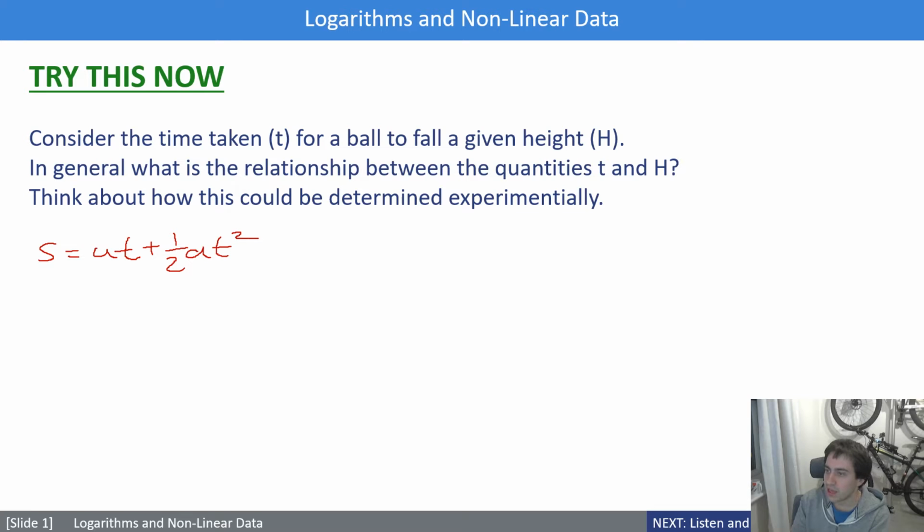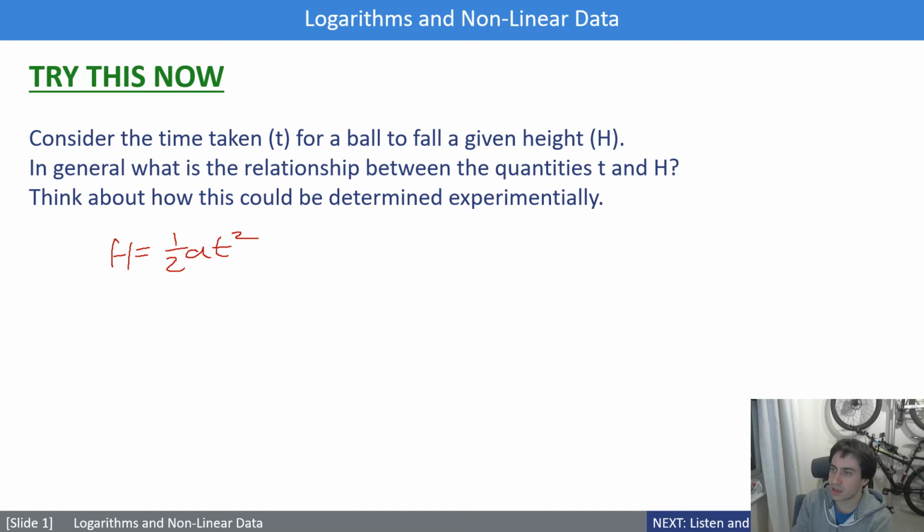Now in this case, s is the distance fallen, so really that's our capital H. u, in this instance, if I'm dropping something from a given height, we assume it starts from an initial speed of 0, so therefore ut disappears, so we're just left with h equals this thing.